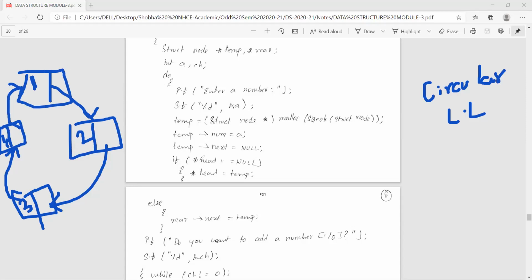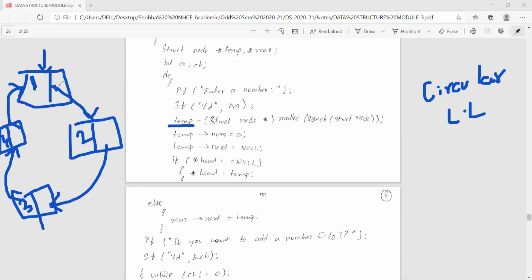Then if head is equal to null, which initially it will be, you change head to temp. This was temp, for which we allocated memory and created a node, and in temp's number we put 1, and in temp's next we put null.